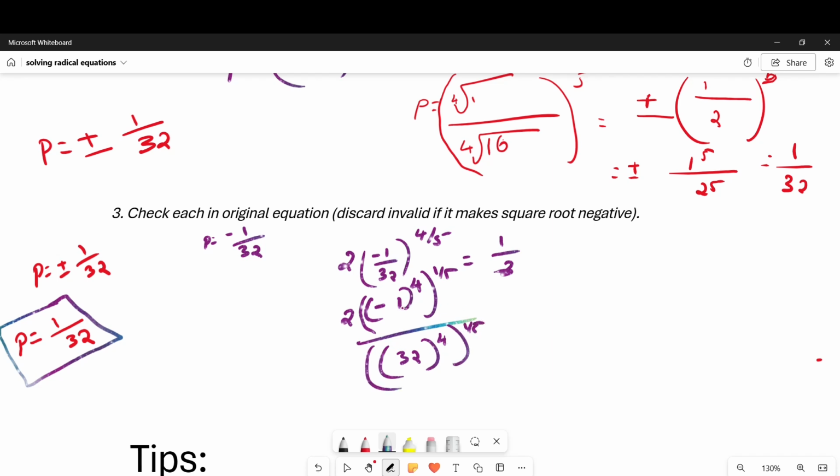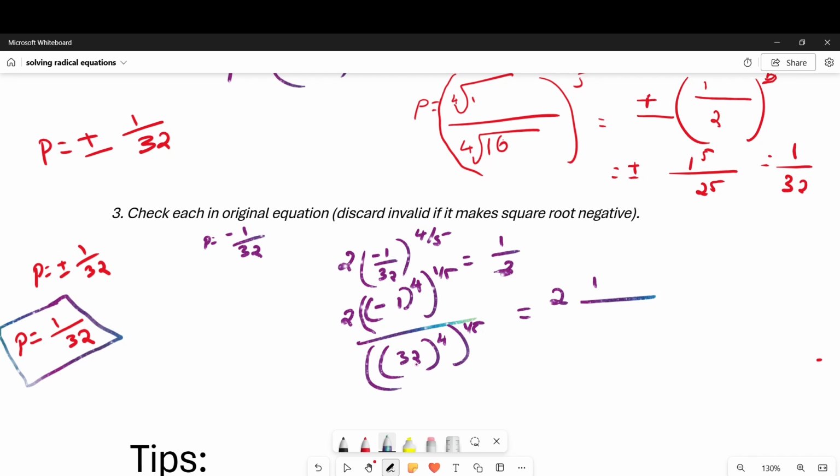The fourth power of minus 1 is 1, so the fifth root of 1 is 1. That equals 2 times 1 divided by, first we need to take the fifth root of 32, so we can get the answer exactly.